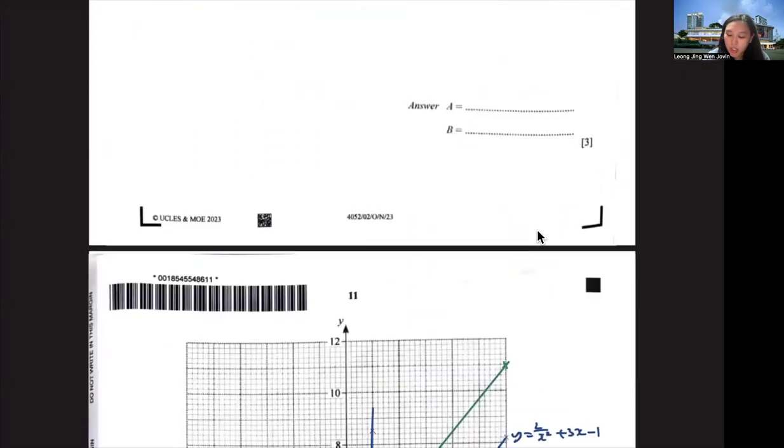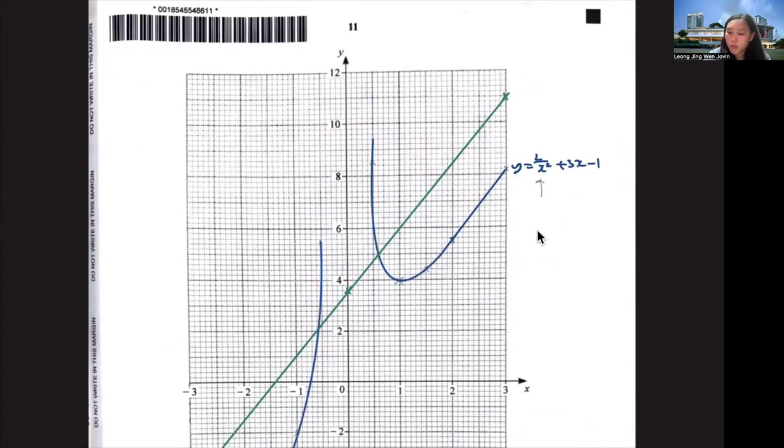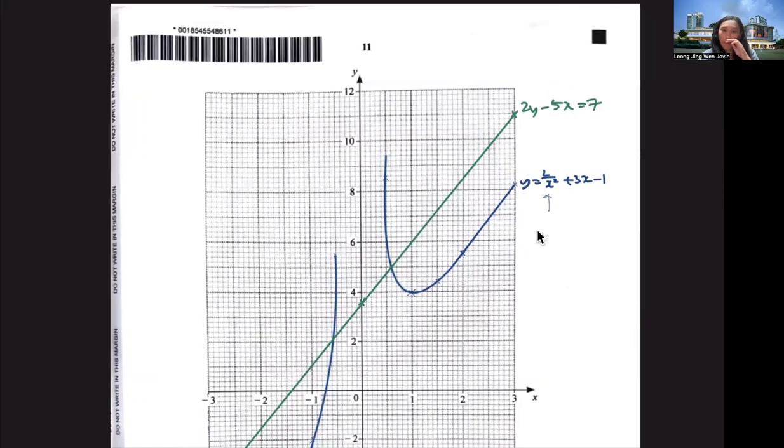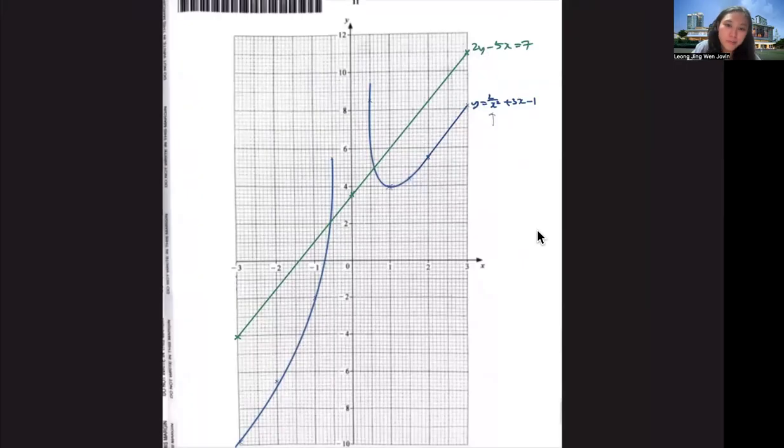Same thing, I will plot out my line, and it's this green line over here. This one would be my 2y minus 5x equals 7, the green straight line, the y equals mx plus c line that I'm talking about. So this is how the two graphs should look.